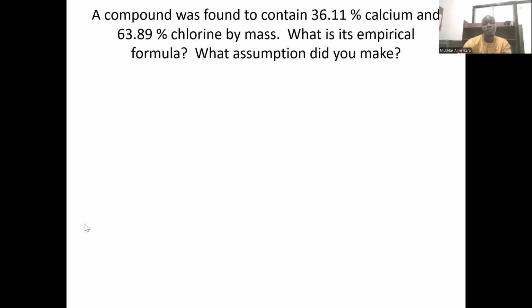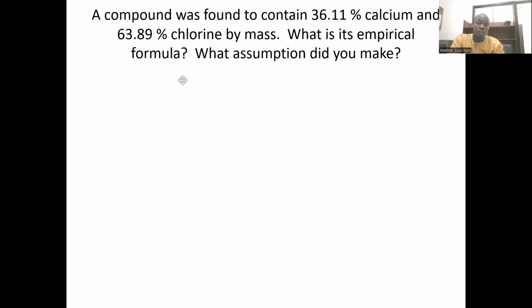So now let's look at this compound here. We have a compound which was found to contain 33.11% calcium and 63.83% chlorine by mass. Then what is the empirical formula, and what assumption did you make? So I think this is simple.